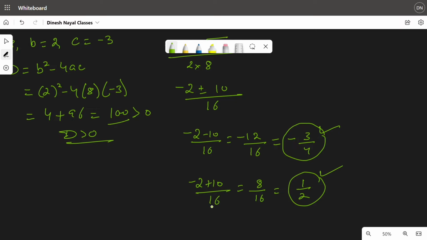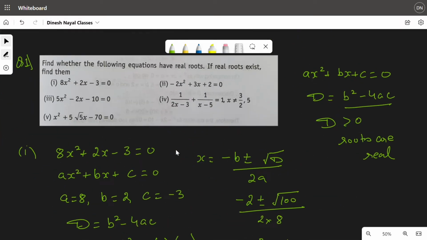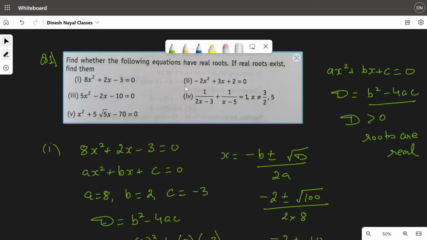Now, on to the second part. The second part is minus 2x square plus 3x plus 2 equals 0.